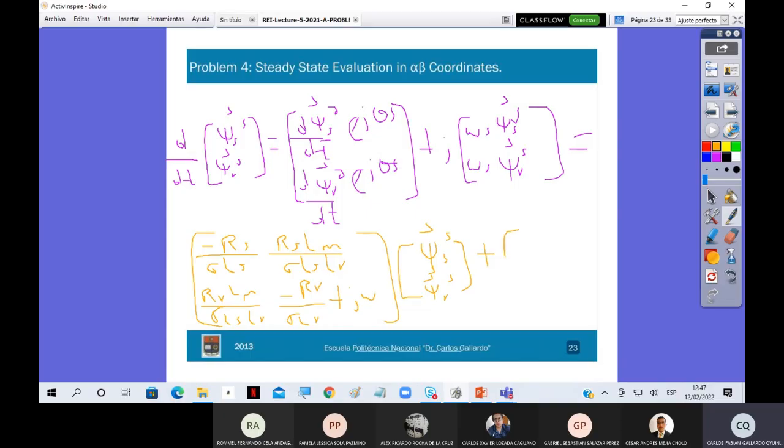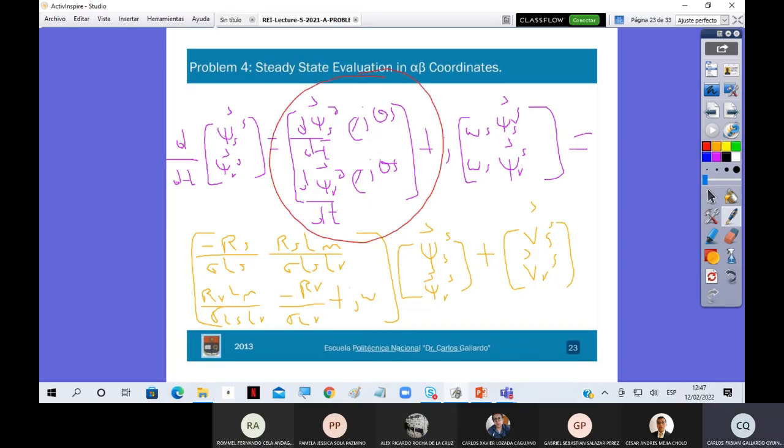Okay, so I will have here the stator voltage space vector and the rotor voltage space vector.